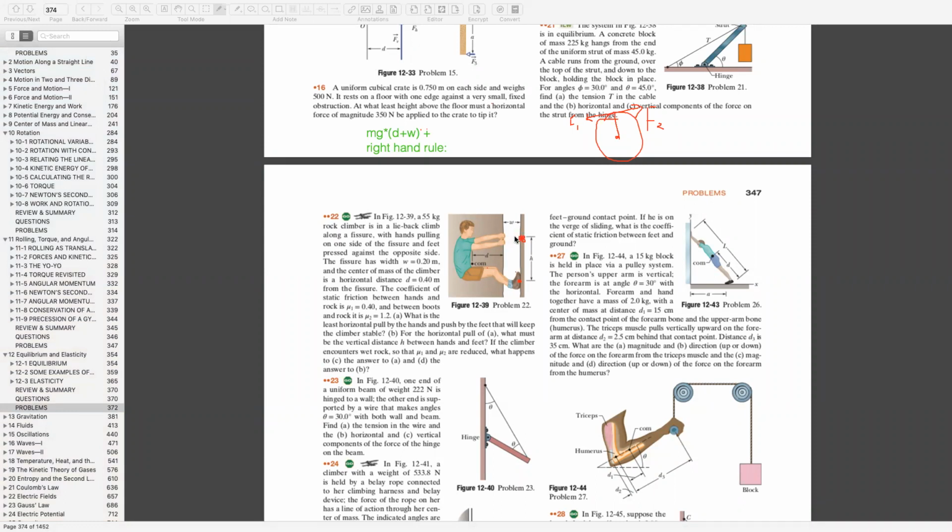But I'm still not sure about the D plus W. I guess we're assuming then, yeah, that's the point, and then we're just assuming that the center of mass of the person is at the same level. So it's D plus W. Okay, D plus W, which is F1 plus W, right? Yeah. And it's saying that one's going clockwise because that makes sense.